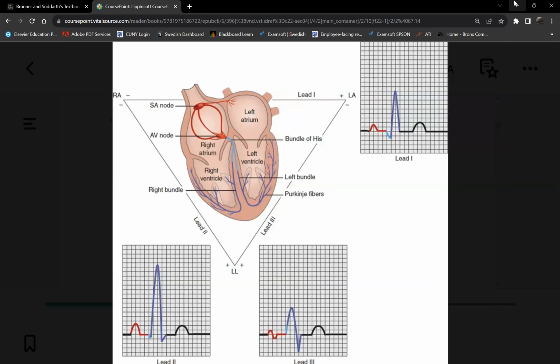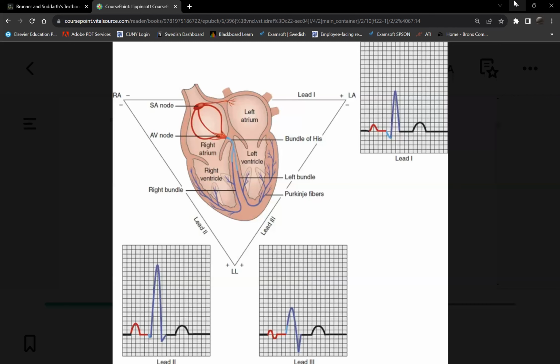Again, the same electrical current passes from the SA node, transmitted here, transmitted down here. Will that take a long time? Just like clicking on the light switch, no, it's instantaneous, right? But there will be a delay. We'll explain later when we get to the waves and complexes.